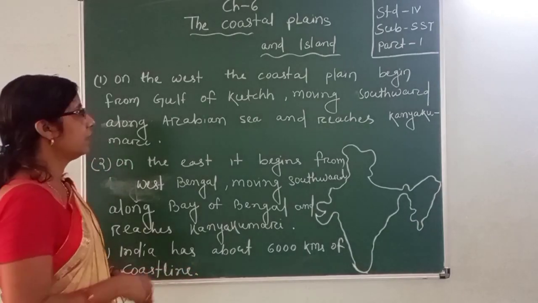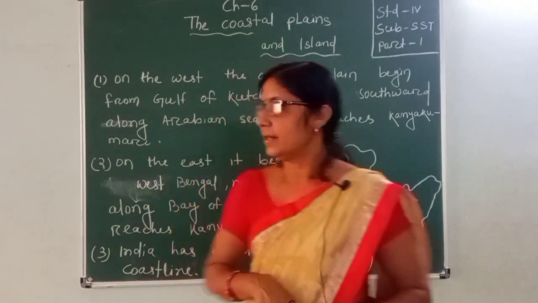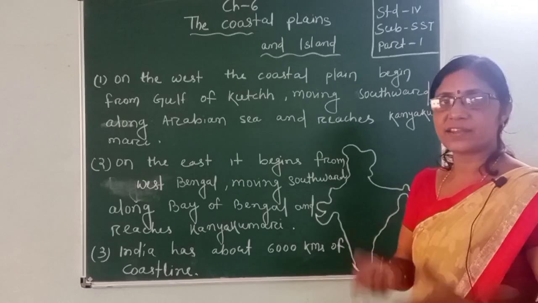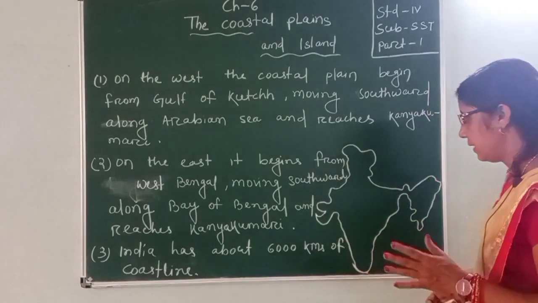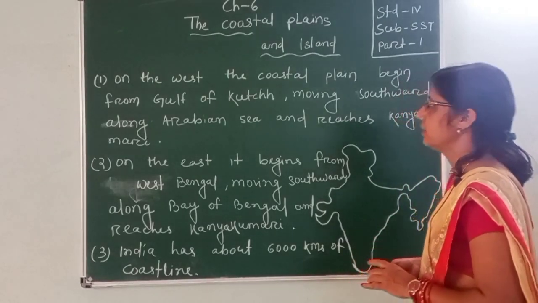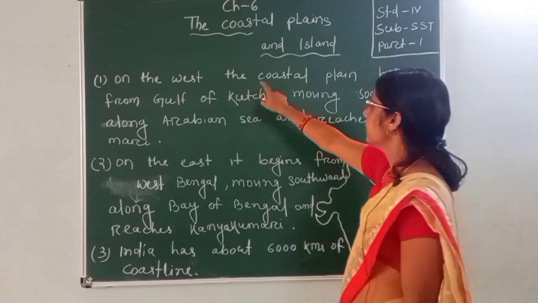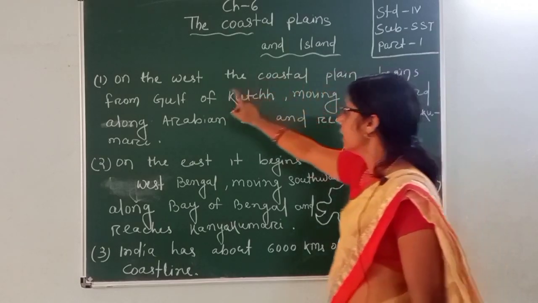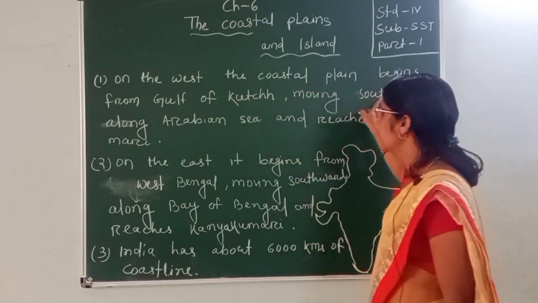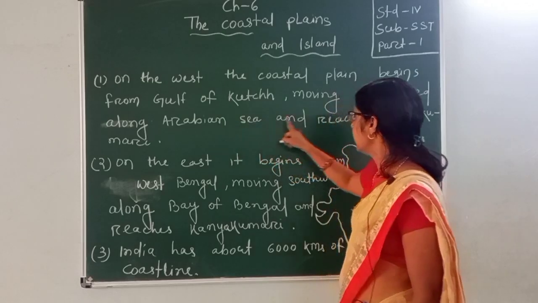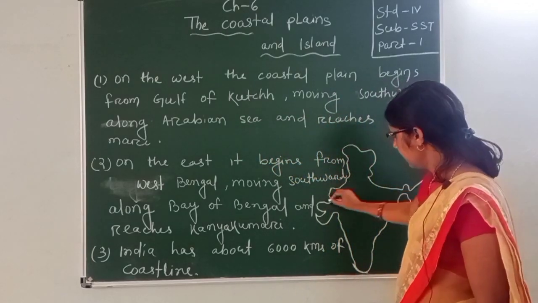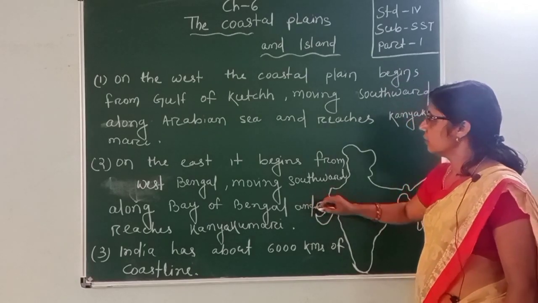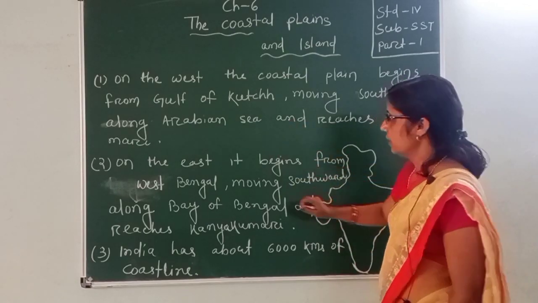So we know that India is a peninsula, and India has a vast coastline of about 6,000 kilometers. On the west the coastal plain begins from the Gulf of Kutch, moving southward along the Arabian Sea and reaches Kanyakumari. The Rann of Kutch is located here.